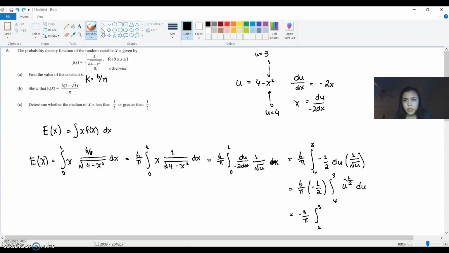Alright, so to integrate u to the negative 1 over 2, you add 1 to that, so that's just u to the 1 over 2. And you have to multiply 1 over 2 with something to cancel out, so it's 2u to the 1 over 2, from 4 to 3.